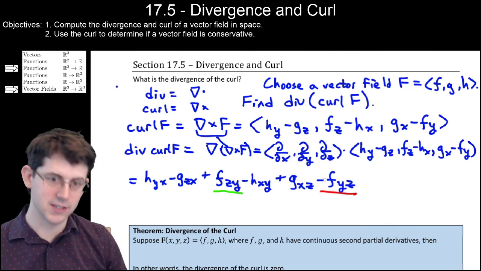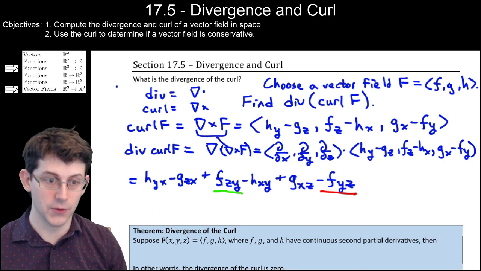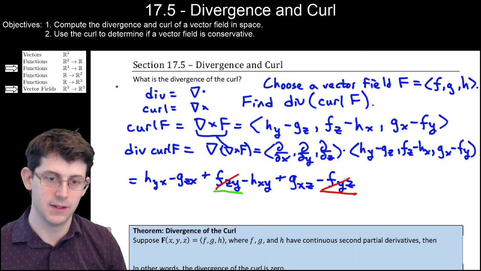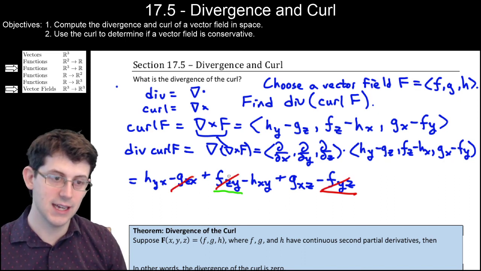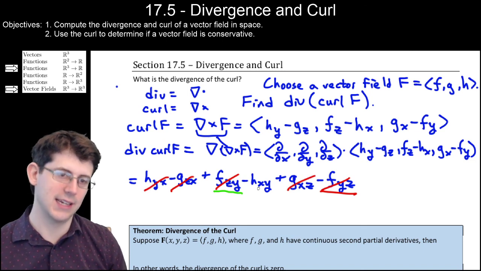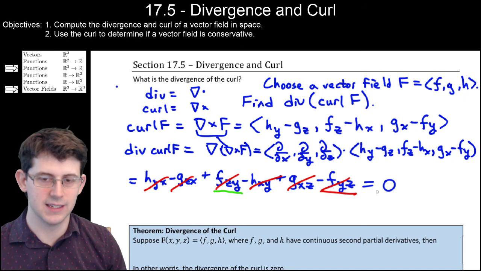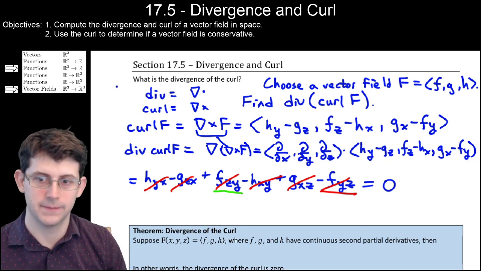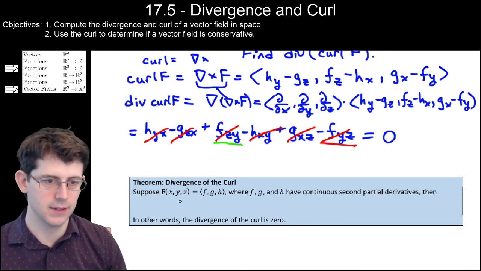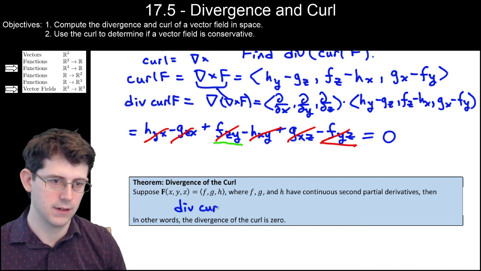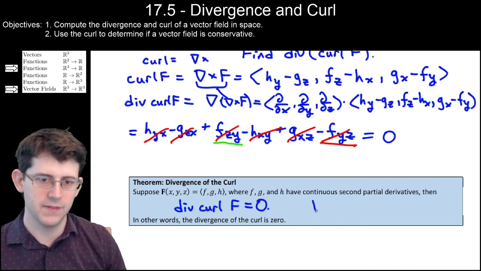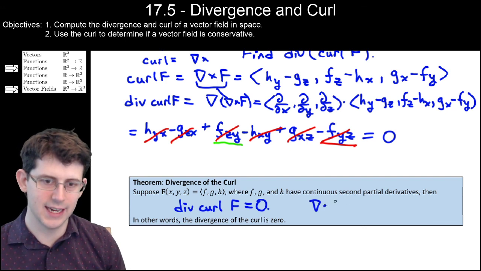If these second partial derivatives are continuous, then those are equal, and so they cancel. Similarly, gzx and gxz, hyx and hxy, they all cancel, and div curl f is 0. If you write it with a bunch of dels, you get del dot del cross f is 0.